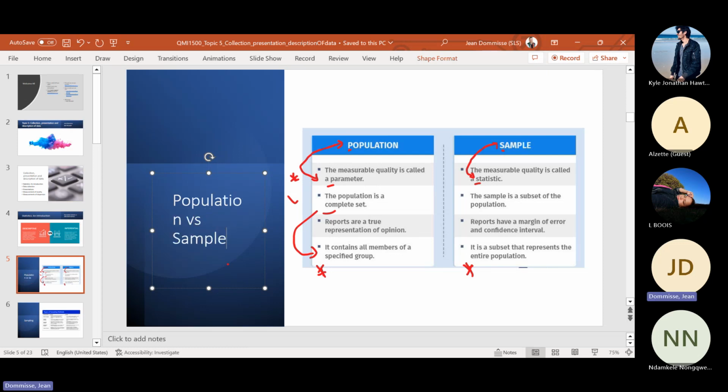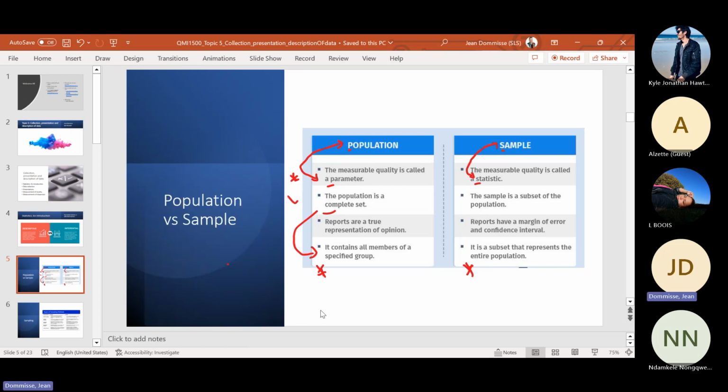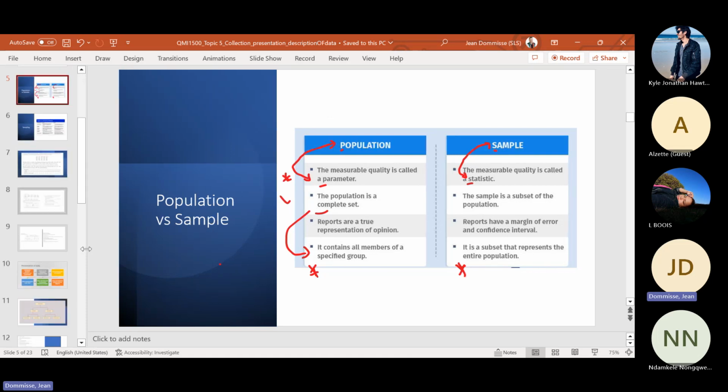So nice that I can quickly change it while we're chatting so that when I send it on, you will also get the right one. Okay, so population versus sample, again, where they might ask it is in a definition kind of way, and you have it now. You don't need to go and study it or look for it elsewhere.